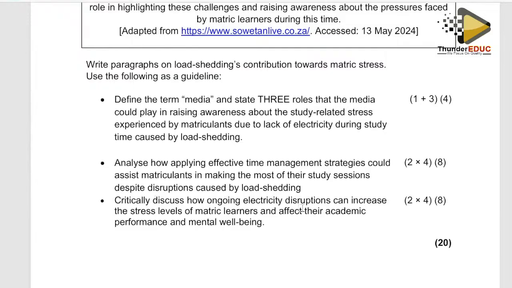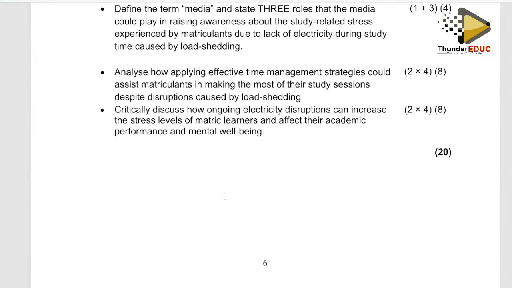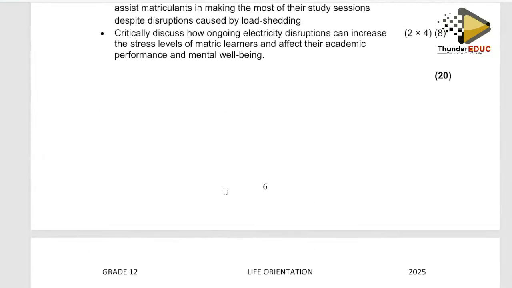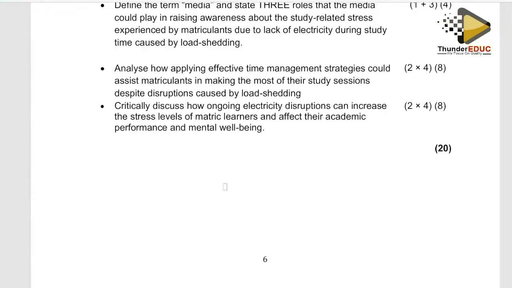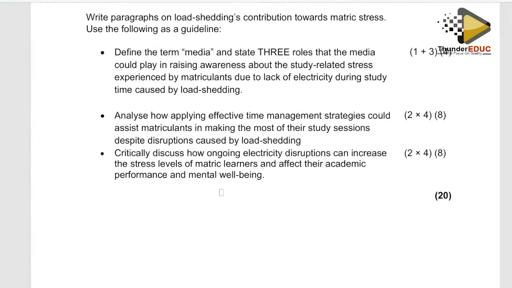Then critically discuss how ongoing electricity disruptions can increase the stress levels of matric learners during their academic, affect their academic performance and mental well-being. So we'll start with the first bullet. The first bullet says, define the term media and state 3 roles of media that can be in raising awareness about study-related stress. So this is the first one.